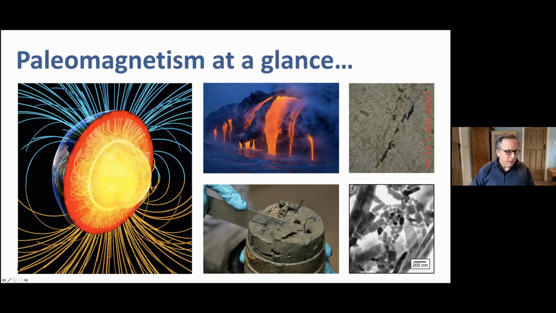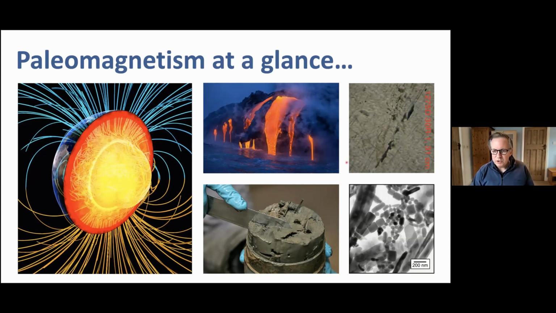Rocks forming through the cooling of magma, for instance in this lava flow, acquire their magnetization as they cool down through the Curie temperature and the blocking temperature of grains in the rock. In igneous rocks like lavas and gabbros, the magnetic signal often comes from very small crystals of minerals like magnetite, which are perhaps hosted by silicate minerals or might be discrete grains themselves.